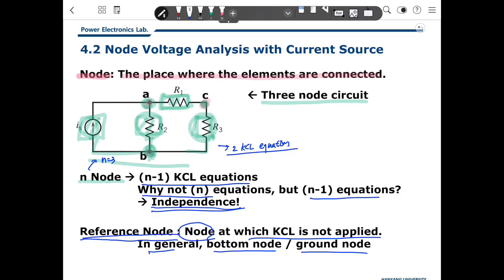Because of that, when you have n nodes, you will have n-1 KCL equations, because one node should be used as the reference node. Generally, we define the reference node as the bottom node, like B, or the ground node.